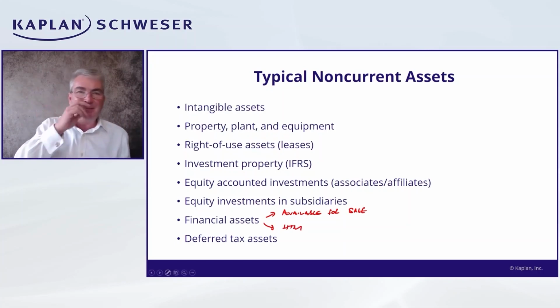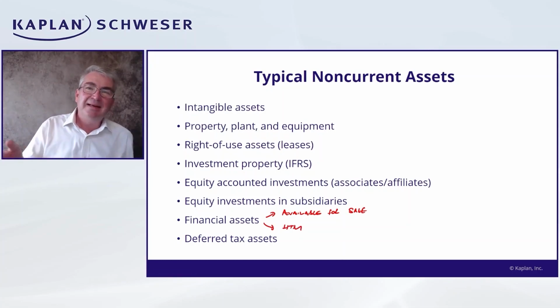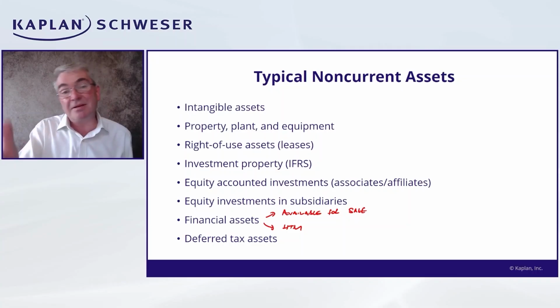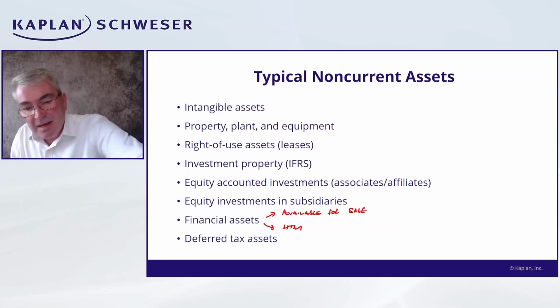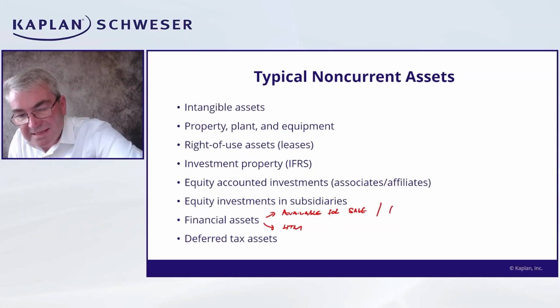Now, held to maturity, the phrase maturity gives away that this only applies to debt because, of course, equity doesn't have a maturity date. Now, available for sale are speculatively held investments that you may dispose of prior to maturity. IFRS calls these fair value through OCI.